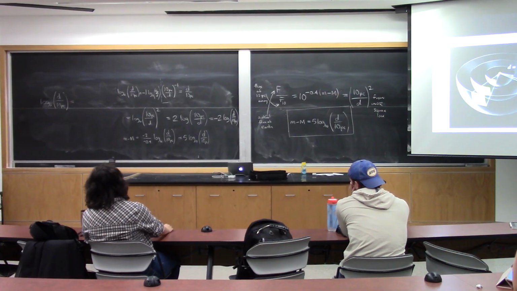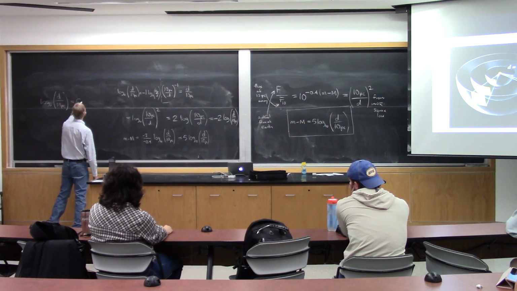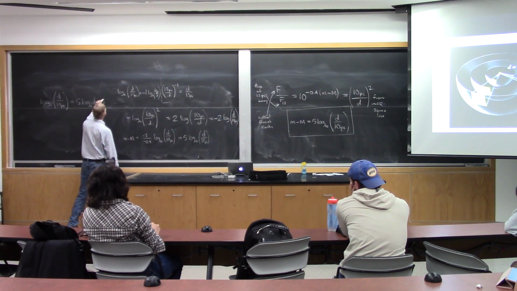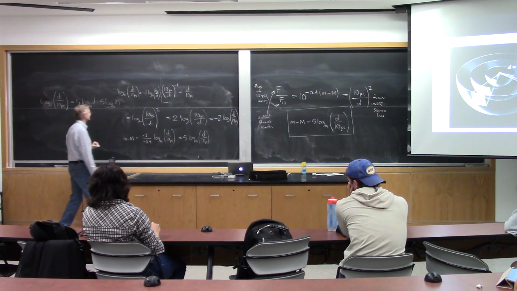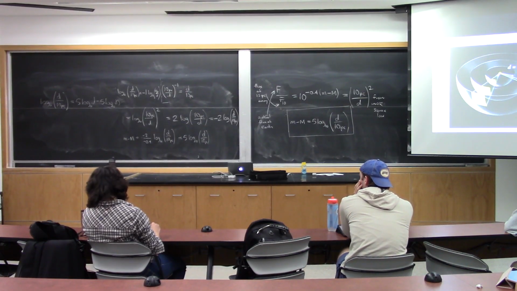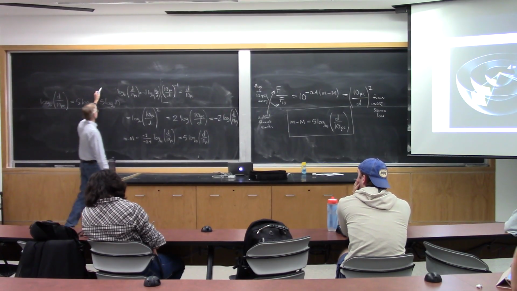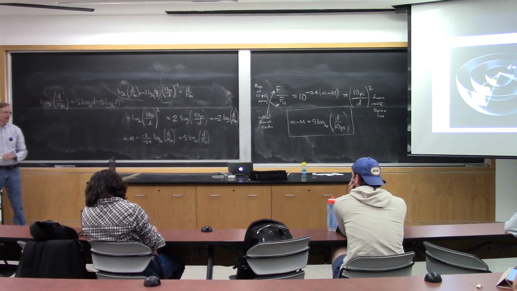Log to the base 10 of d minus log to the base 10 of 10. So this would be 5 log to the base 10 of d minus 5 log to the base 10 of 10. We'll ignore the units here. You tend to do that when you use logarithms because there's really no such thing as a logarithm of a parsec, so it works out mathematically unit-wise. It's a little fishy, but whatever.